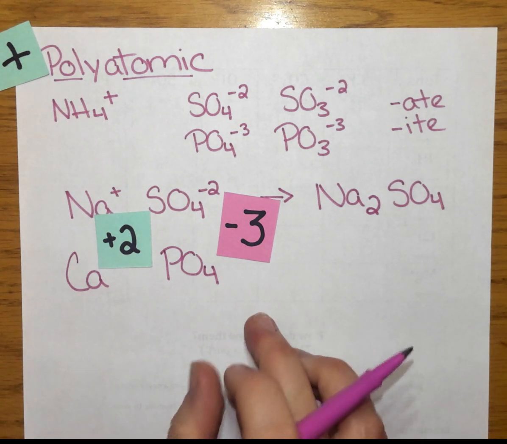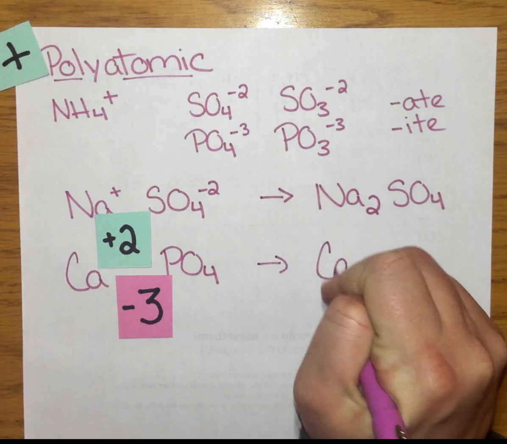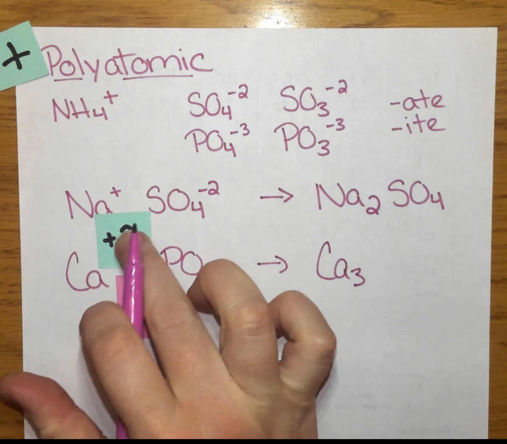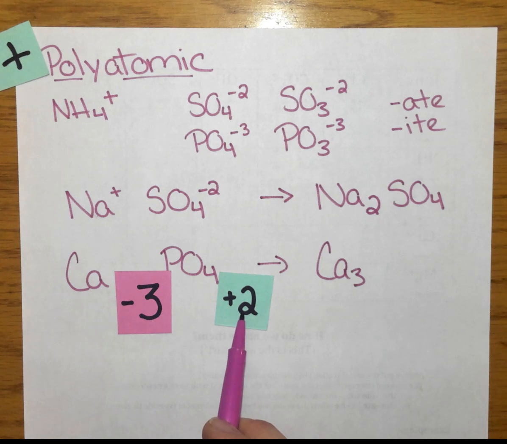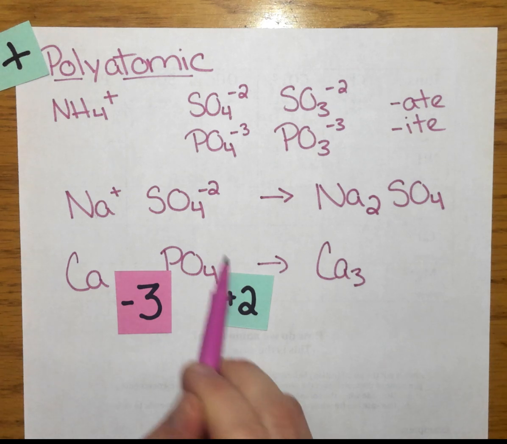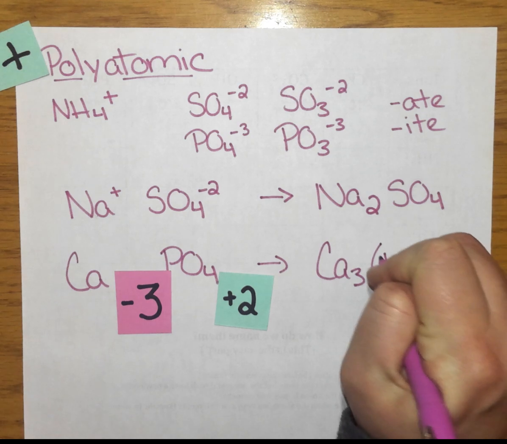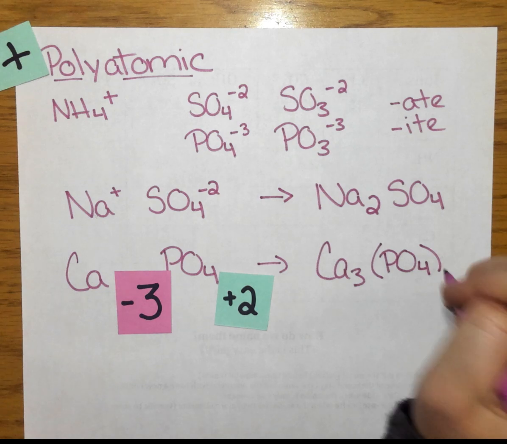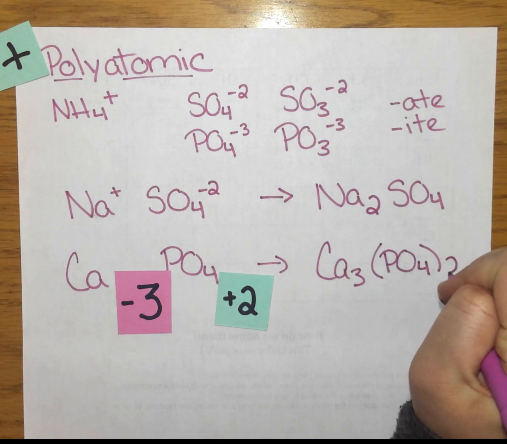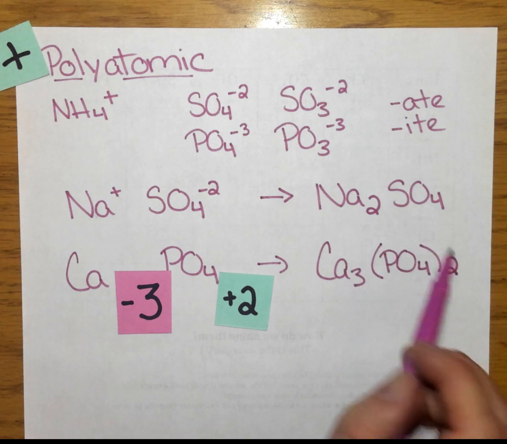So I'm going to bring down my 3, and this becomes Ca3, and then I bring down my 2. Now what this tells me is I have 2 of this PO4 group. So what I want to do is put the PO4 in parentheses, and I put the 2 on the outside. So this tells me I have 2 of the phosphate group.